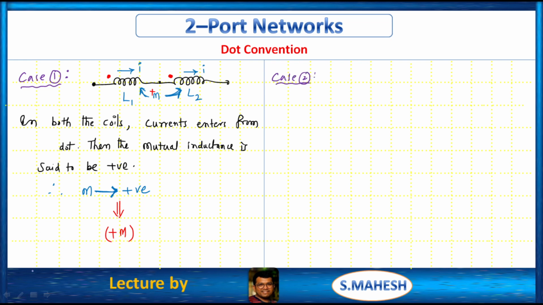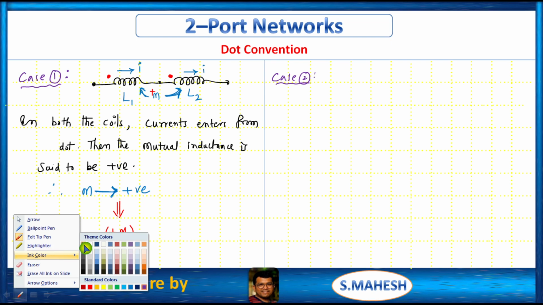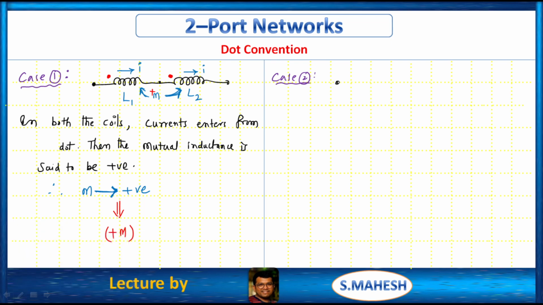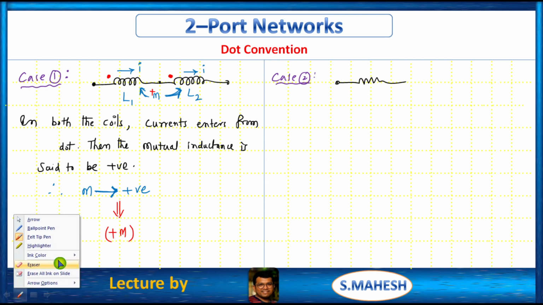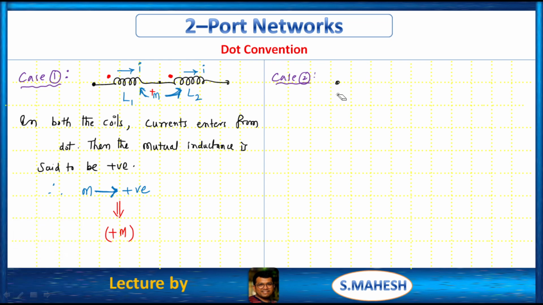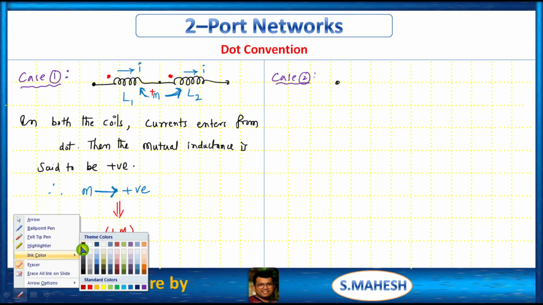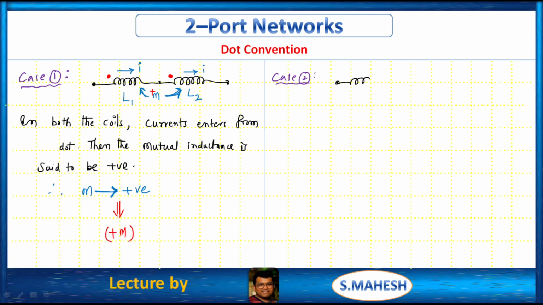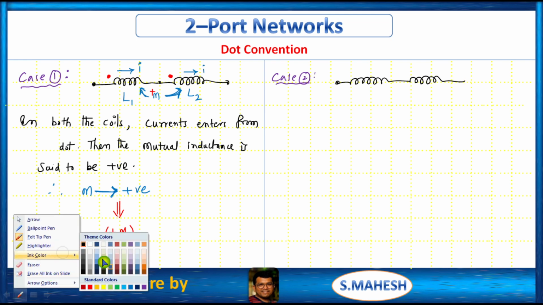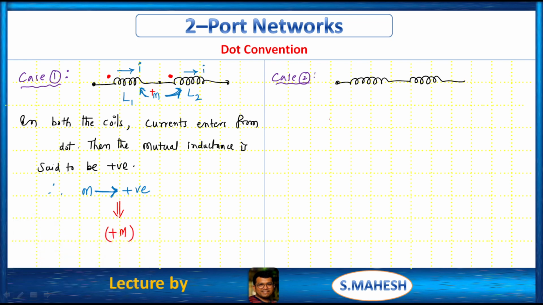Like that we have to discuss case 2. In this case 2 also I am considering two coils. I am providing the dot at the other end of coil 1 and the beginning end of coil 2.